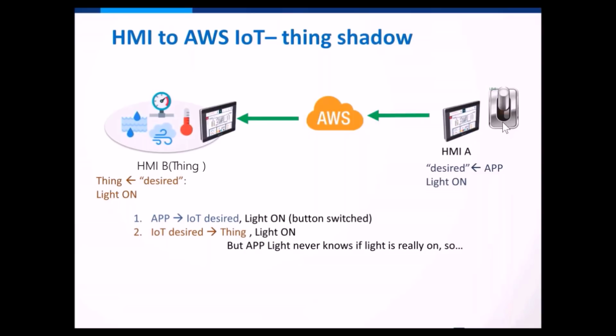Okay, so in the first step, your app sends the on message to the AWS IoT as desired. So switch it on. Desire will tell the actual thing that, okay, you have to turn on because it's being desired by someone. The app on the right never actually knows if the actual light has been turned on because there's no feedback.